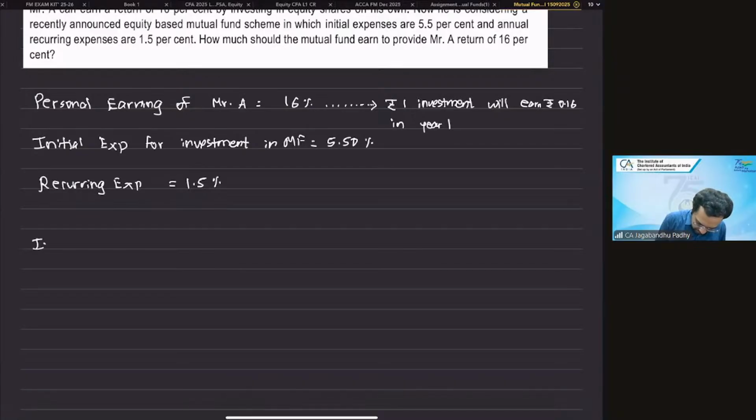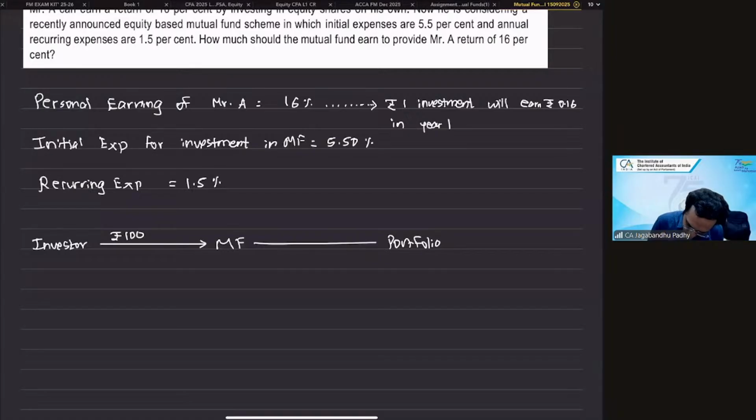So we have the investor giving money to the mutual fund, and the mutual fund investing money into the portfolio. The investor gives the mutual fund 100 rupees. How much is the mutual fund going to invest into the portfolio?